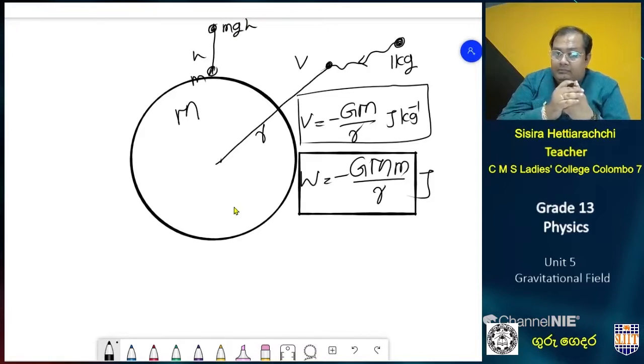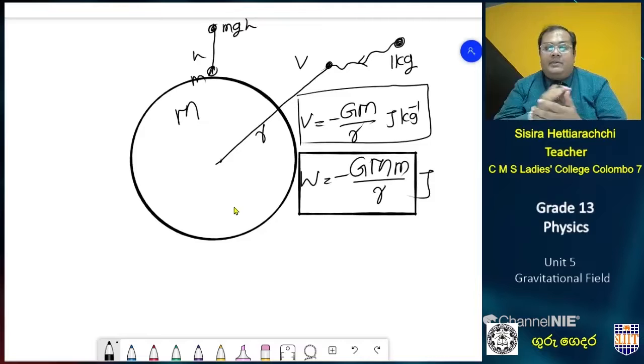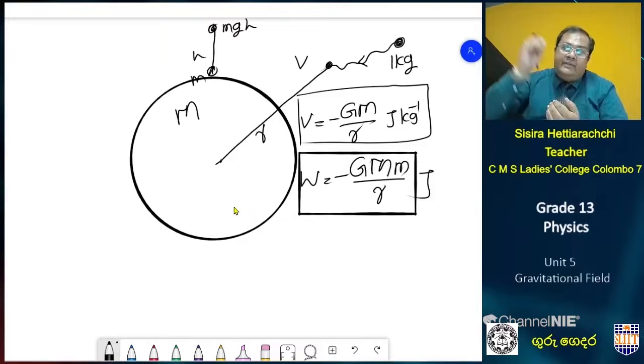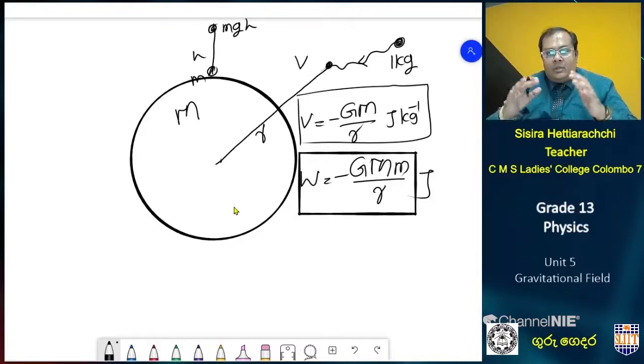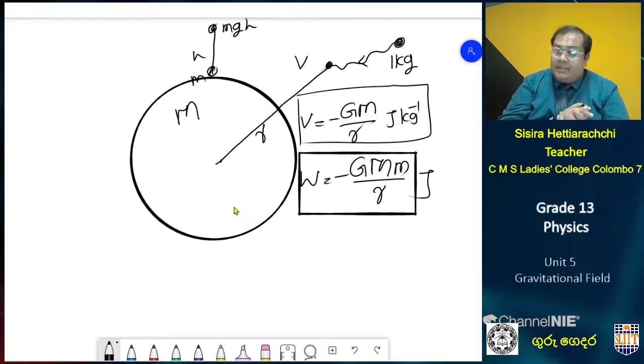The maximum value that can be taken by a negative quantity is 0. So you can take the maximum value 0 at infinity. Otherwise, energy is always negative. We can't make it positive. We are indebted to Earth by energy.